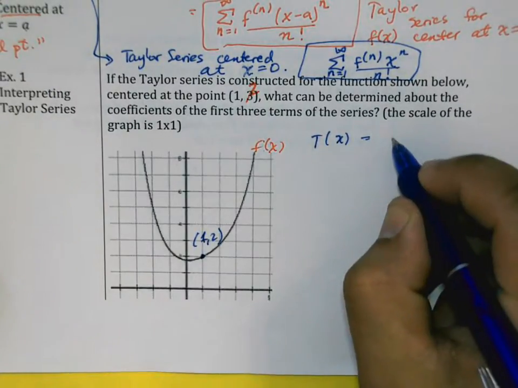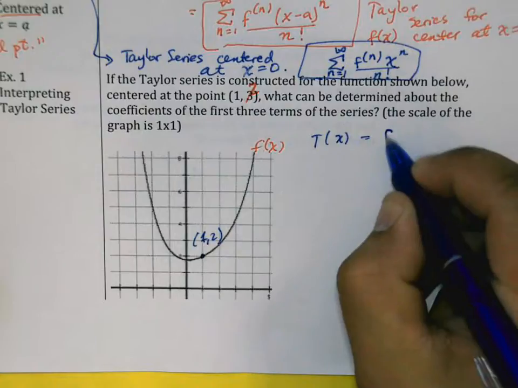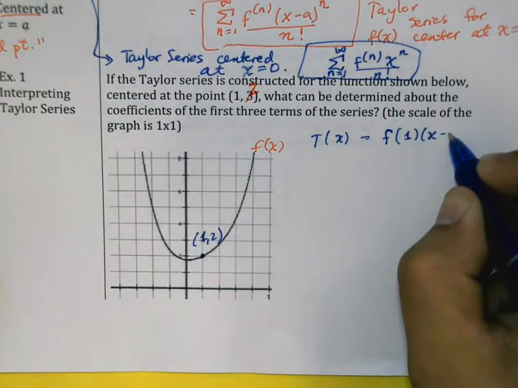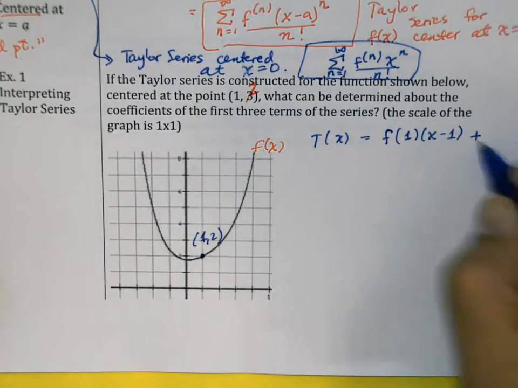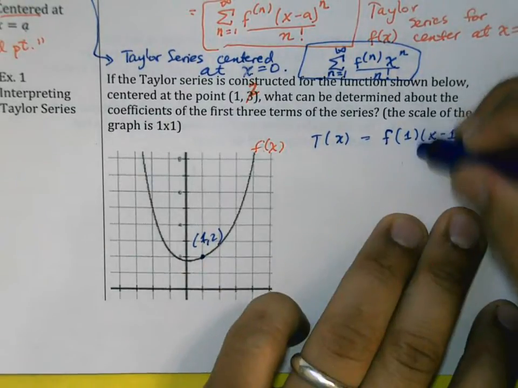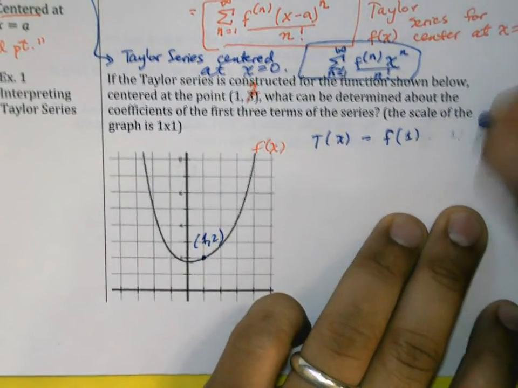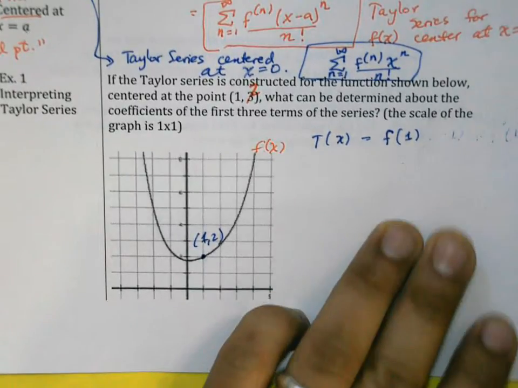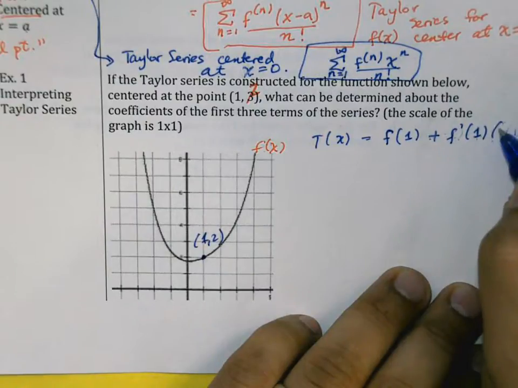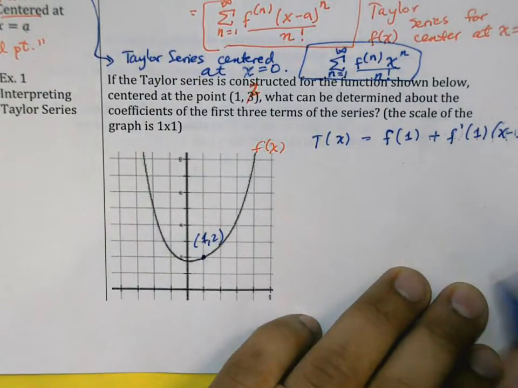centered at 1 is f of 1 times x minus 1 plus the first derivative, f prime of 1. I'm sorry, this should just be f of 1, okay, plus f prime of 1 times x minus 1.